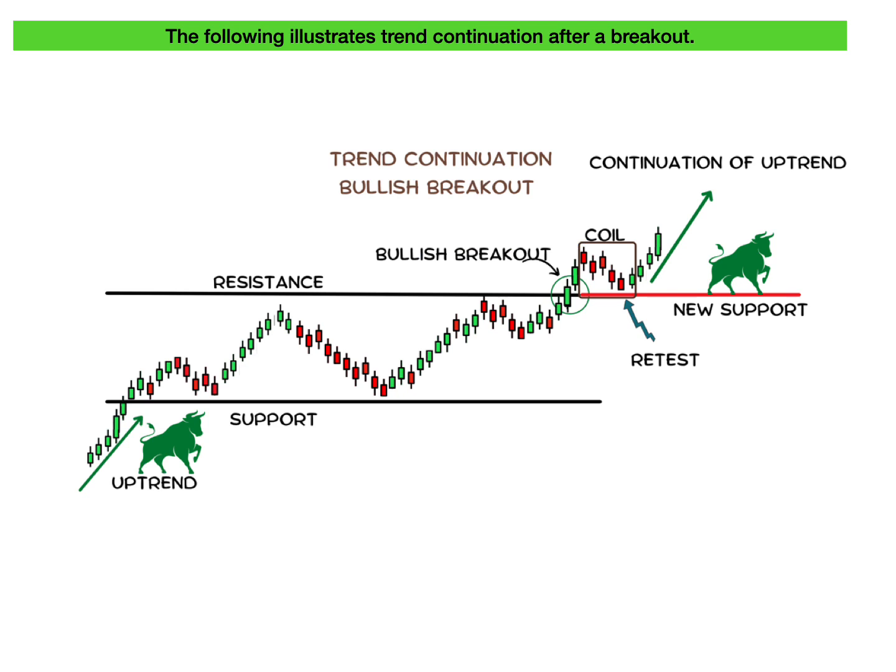So the following illustrates trend continuation in an uptrend after price broke above the resistance line of the sideways trend. In this slide, I would like to introduce a pattern called the coil.